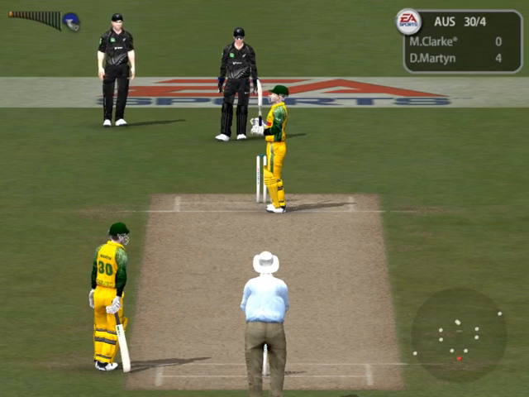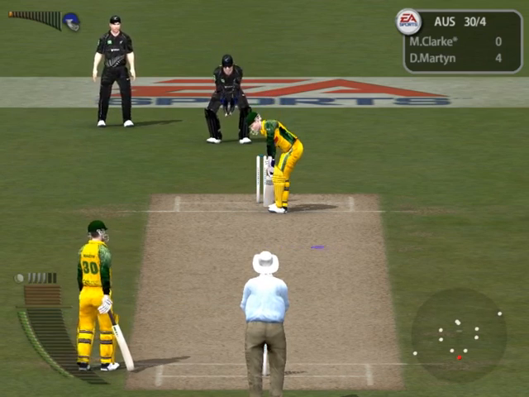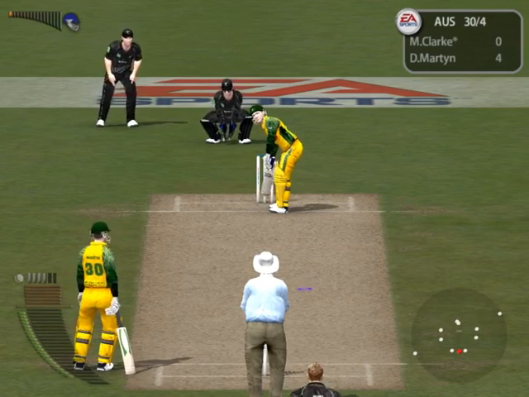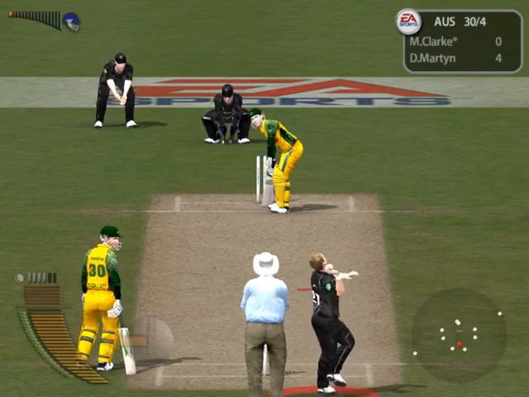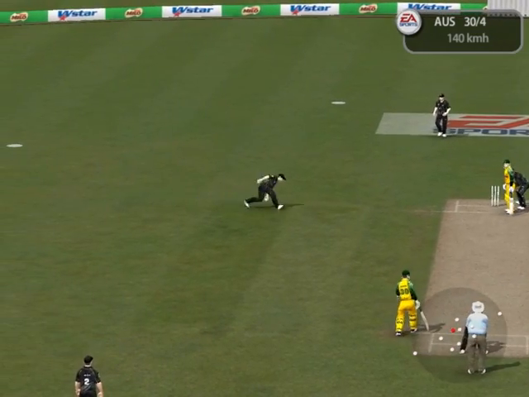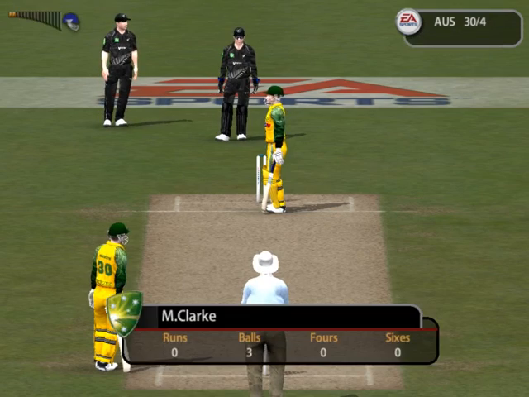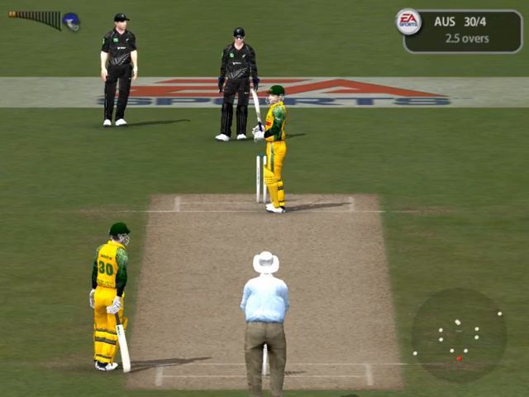Bond continues. Bond, the ball to Clark.